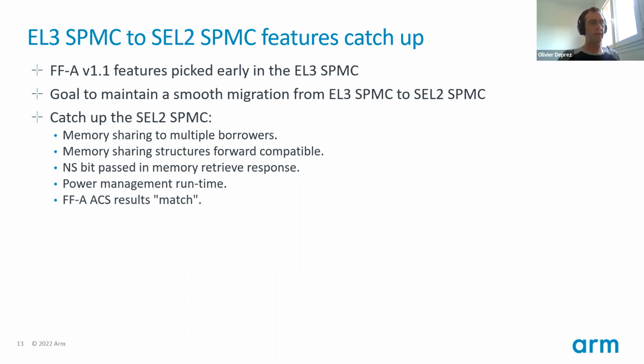That's the scenario of memory sharing to multiple borrowers, mainly normal world endpoint sharing to one secure partition and multiple VMs; making the memory sharing structures forward compatible as described in the 1.1 specification; implementing the security state for a memory region passed in the memory retrieve response; implementing bits of the power management at runtime; and making sure the SES results are consistent across the 2 SPMC implementations.